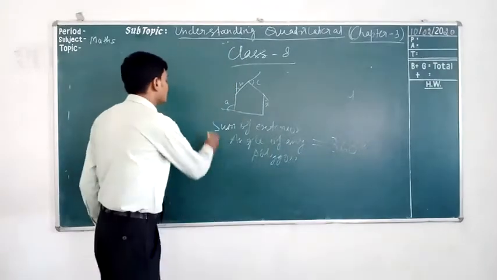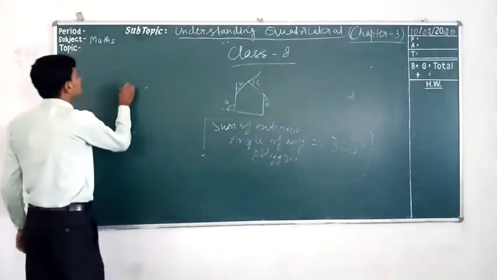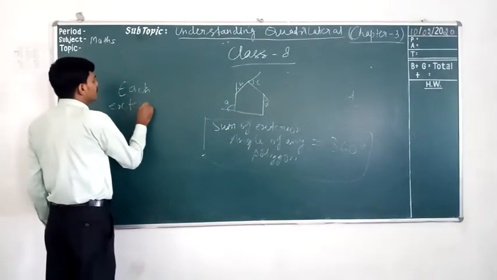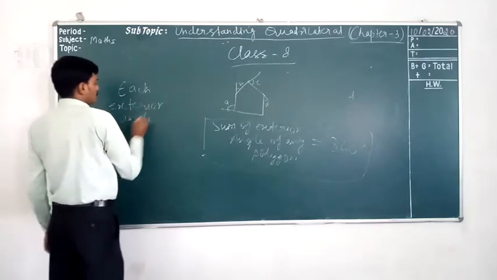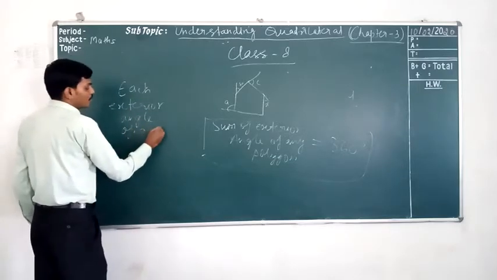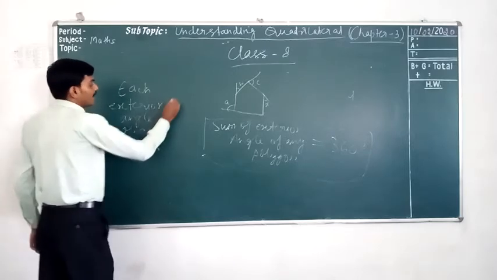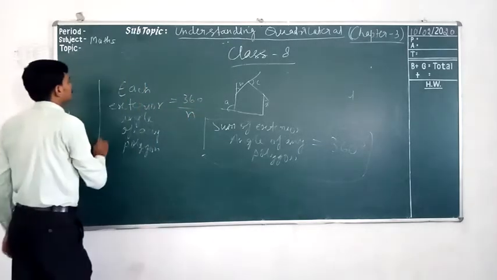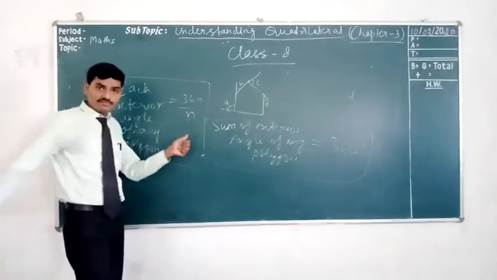Okay, and if we have to find each exterior angle of any polygon, then we will divide 360 degrees by the number of sides: 360 divided by n, where n is the number of sides.